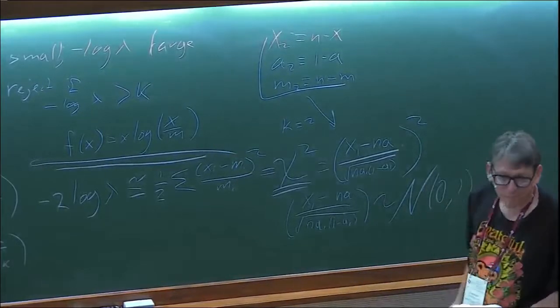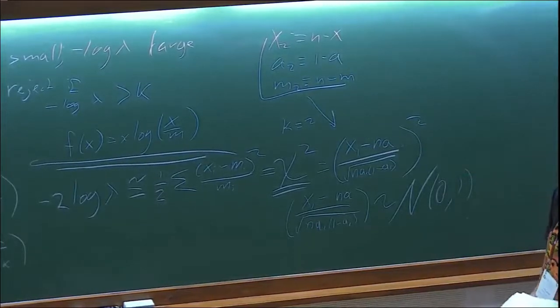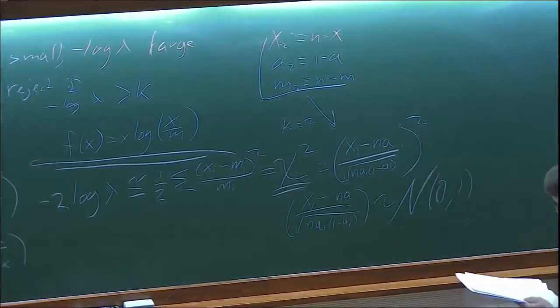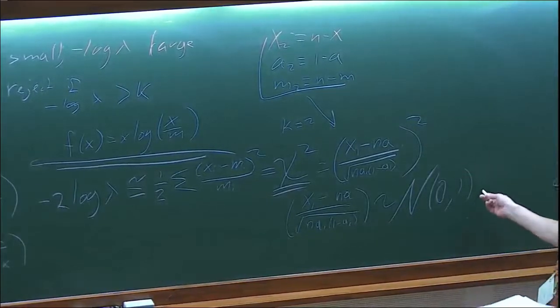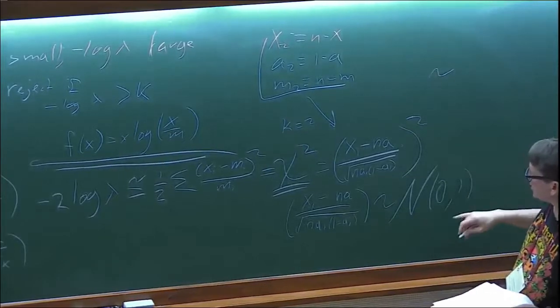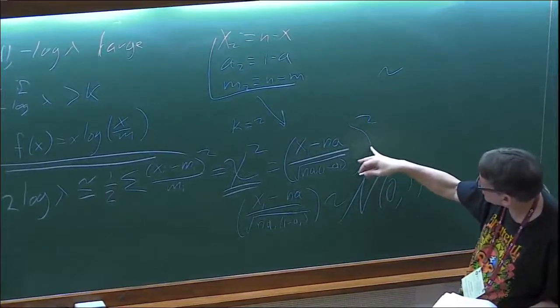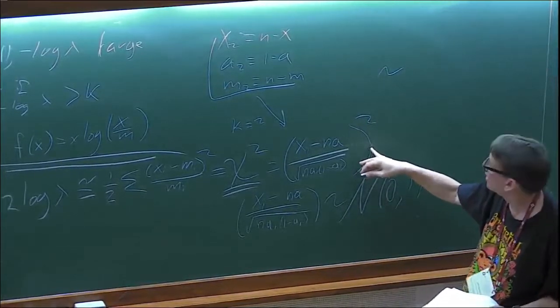is distributed like a normal random variable with mean 0 and variance 1. Okay, so this is distributed as a normal. But what actually comes up is the square of this quantity.